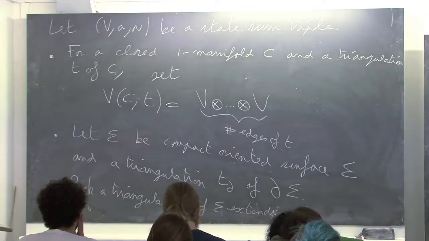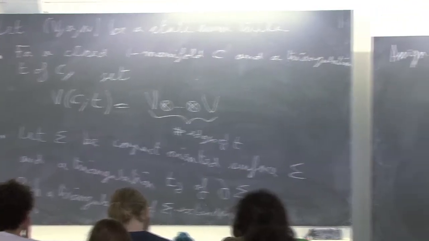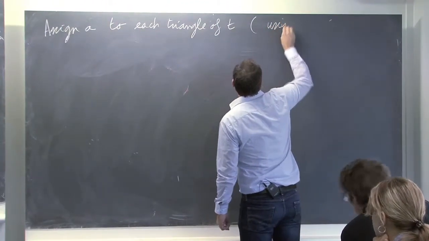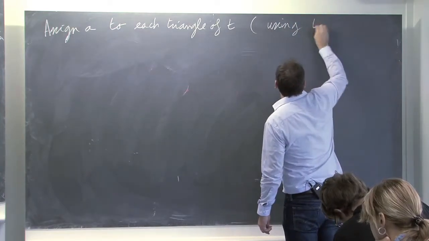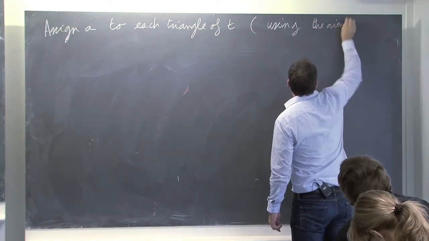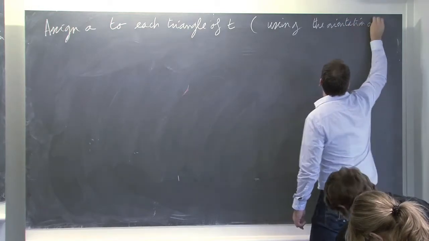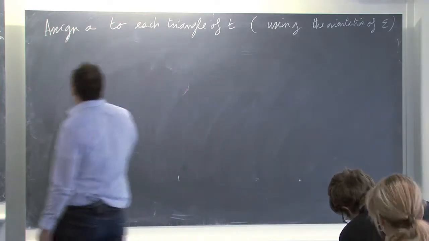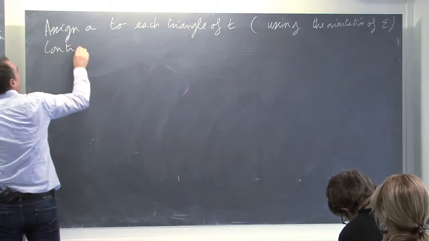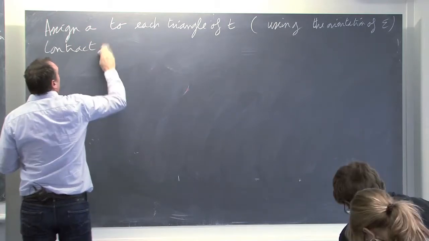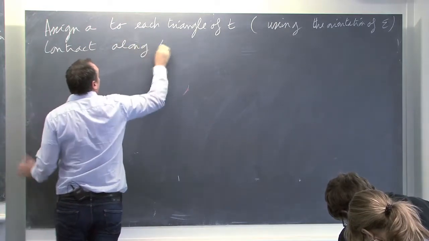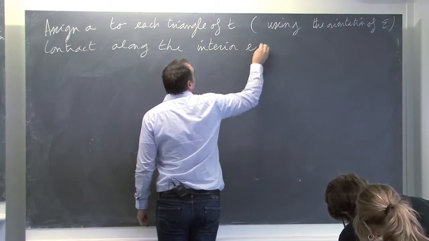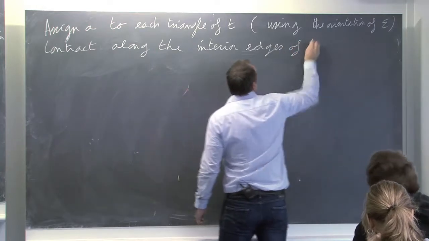Now we play the same game. We assign A to each triangle of T as before, using the orientation of Sigma, and contract along the interior edges of T.